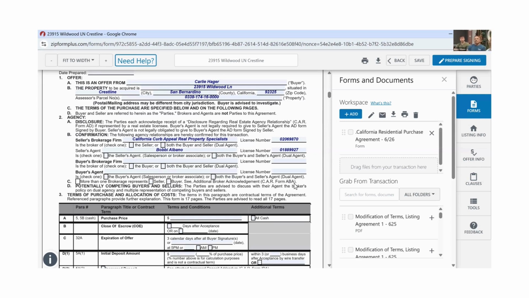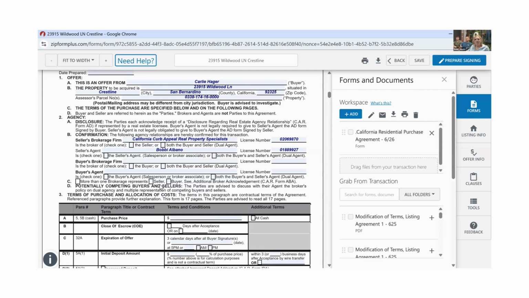So let's say that you're working with a buyer who is also working with another agent, and the two of you are working together, but the other agent isn't with your brokerage. That's when you would use the ABA form to show the different brokers that are working on this transaction.